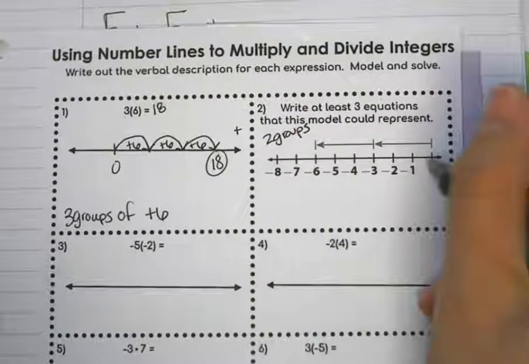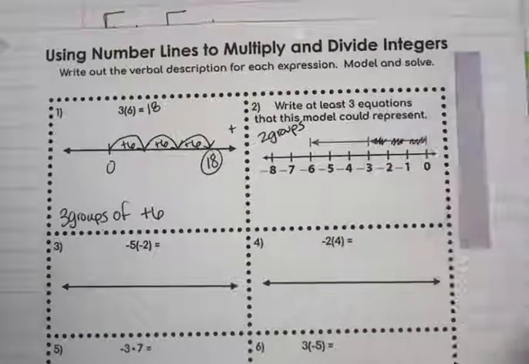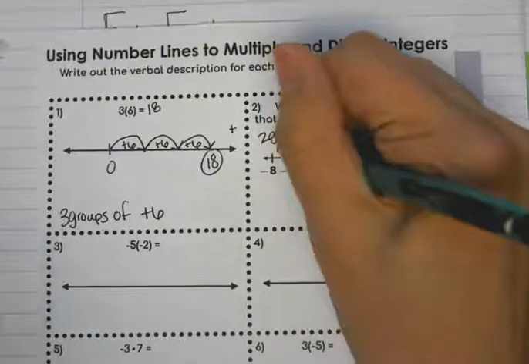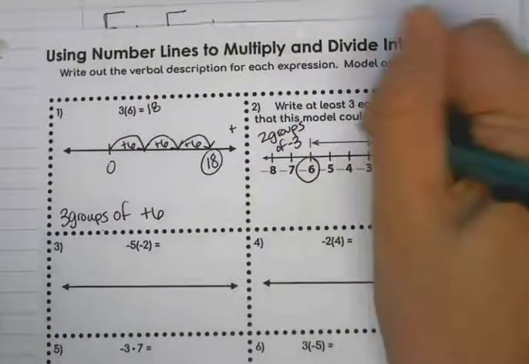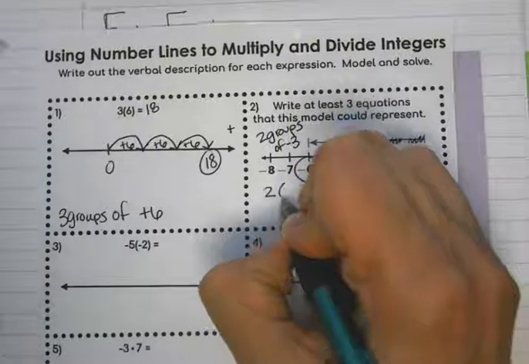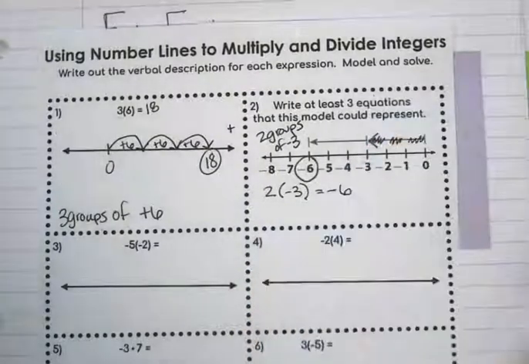And each group has 1, 2, 3, and it looks like it's moving to the negative direction. So it's 2 groups of negative 3, and I end up at negative 6, which tells me that 2 times negative 3 equals negative 6.